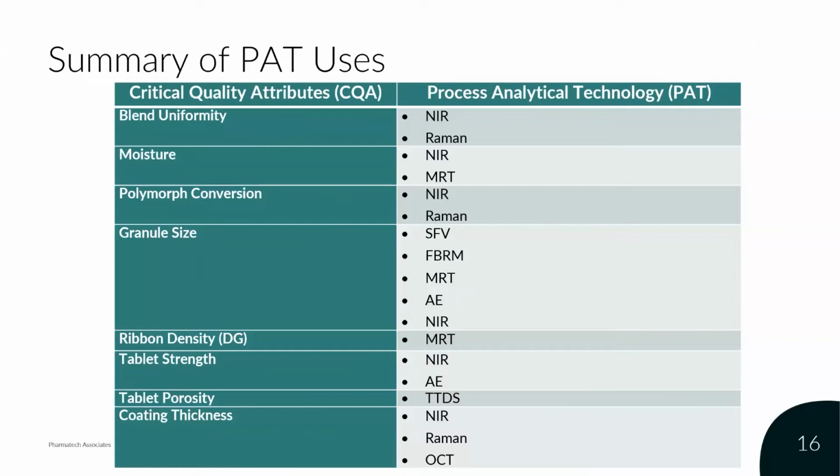Granule size, of course, ribbon density for a dry granulation process like roller compaction, the strength or friability, if you will, of the tablets, as well as their porosity and coating thickness.